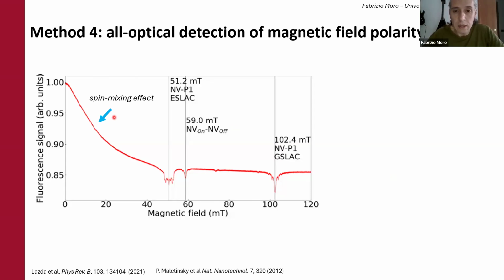So every state has a component of the other one. Therefore, this leads to a decrease of photoluminescence, and also has a consequence on the ODMR spectrum. It's very important because the ODMR signal is completely quenched, and this is because the spin mixing effect leads to a spin-independent signal.